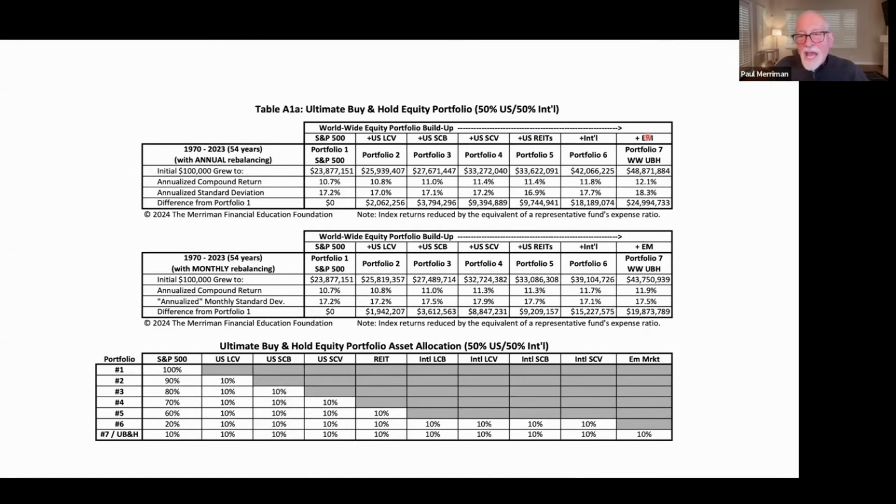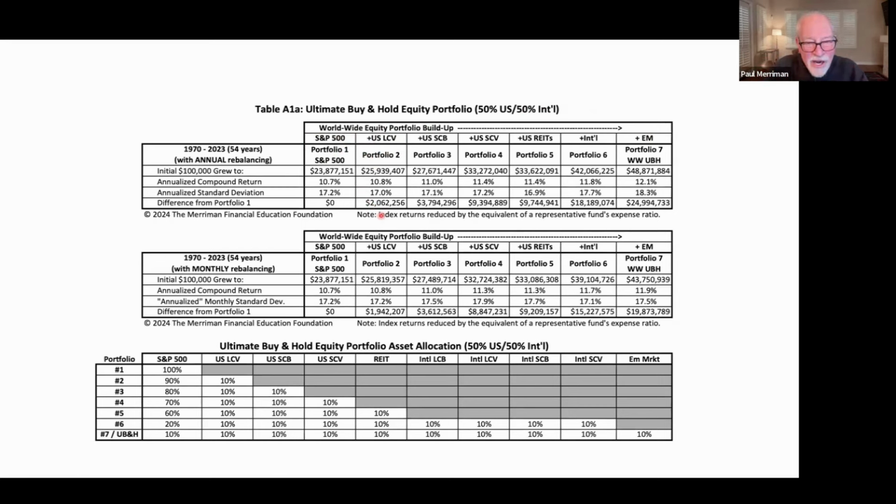So, and then there's the emerging market, which is the last of the 10 equity asset classes. And the purpose of this presentation was to show you how little tiny percentages, 10% of the portfolio being added to a 90% of the S&P 500 added an extra $2 million to the return over this 54-year period.